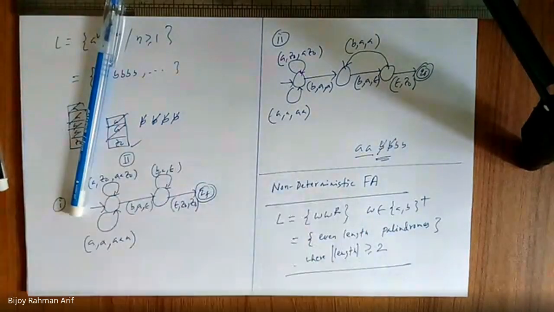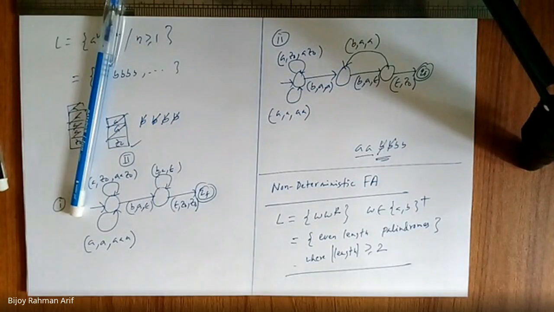Don't know. It was easy with a center, sir. Sir, here there is no center. Good. Then how can it be done? That's why you have to use non-determinism. So how can non-determinism play the game?